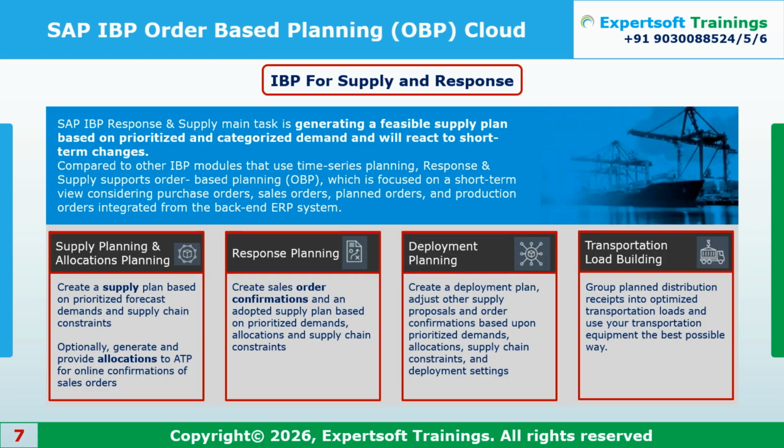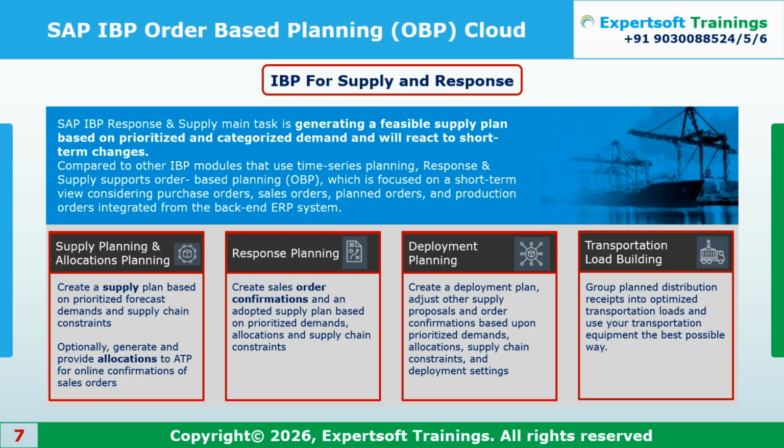So now let's look at the major features of IBP response and supply. I can categorize them at a higher level into four different categories. One is that it will support the supply planning and the allocation planning.